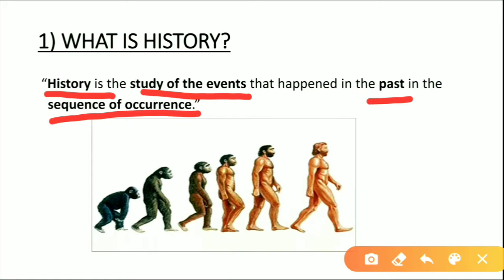So we can say that history is the study of any incident that has already happened in the past in the sequence of occurrence. It means that it has already happened earlier. Now, history also tells us about how early humans lived and how they progressed over thousands of years.